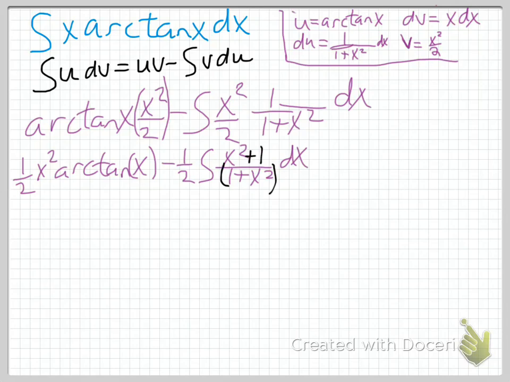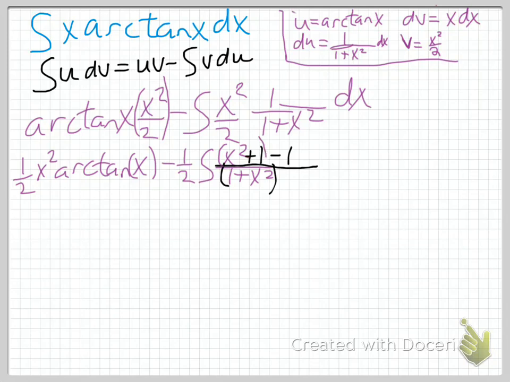Now the numerator has x squared plus 1, but of course we just can't add this plus 1 without then subtracting a 1, right? So now the quantity in the numerator is just x squared plus 1 minus 1, which is just x squared. So we haven't really changed the problem at all.